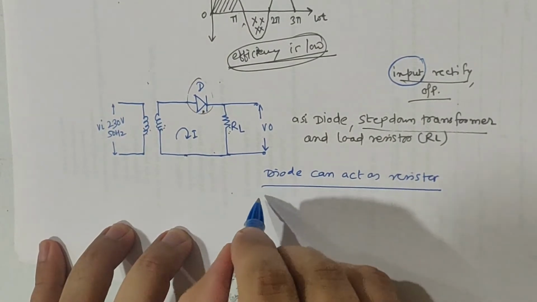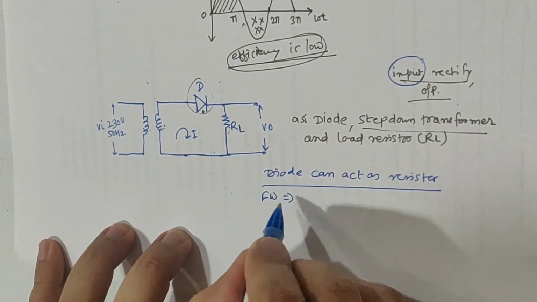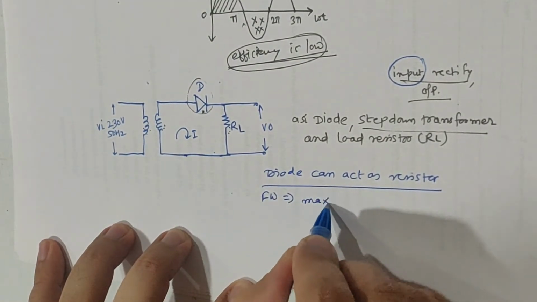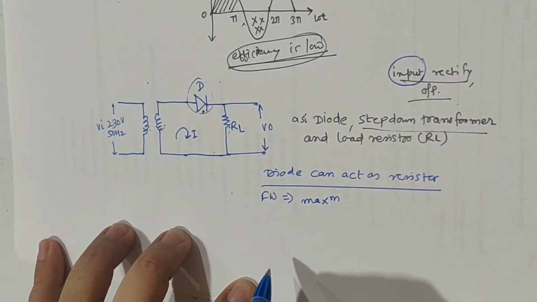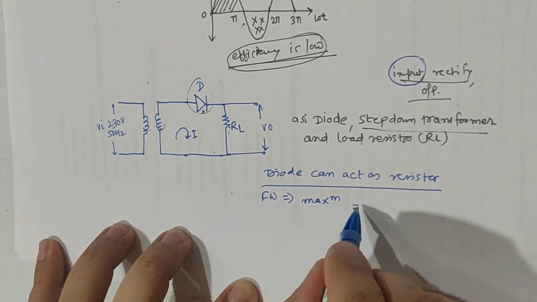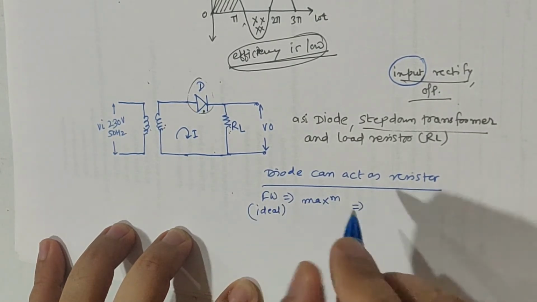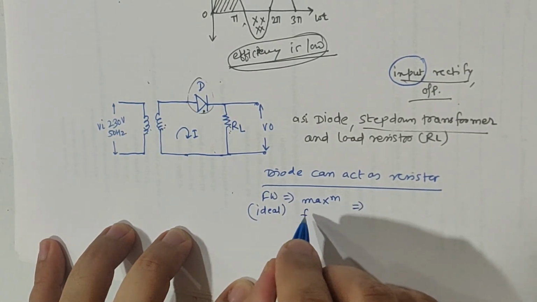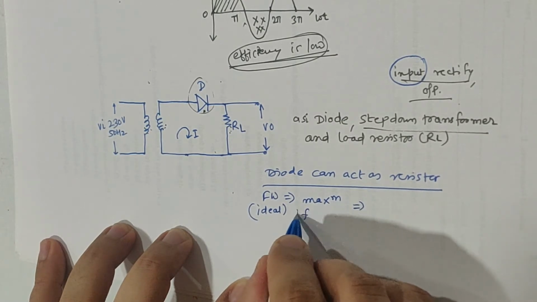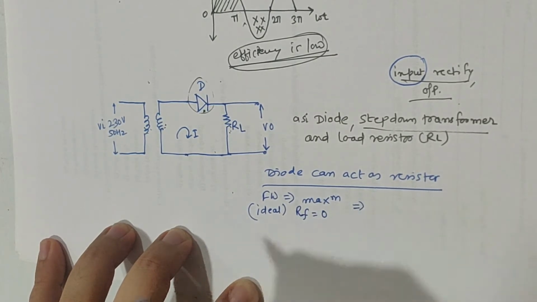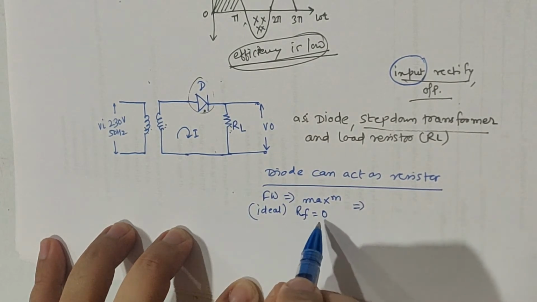When I apply forward bias to the diode, maximum current flows through the diode. So if the diode is ideal, its forward resistance, RF, is going to be 0.